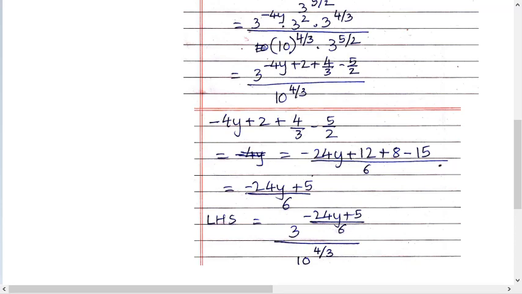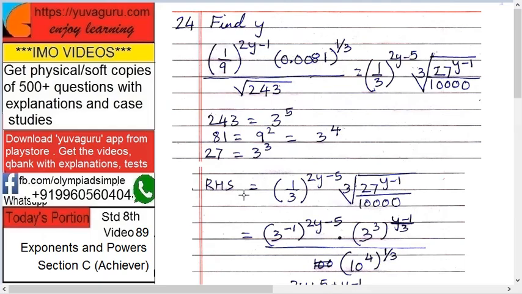Now we'll solve the right hand side. RHS is what? 1 by 3 raised to 2y minus 1 into cube root of 27 raised to y minus 1, upon 10,000. Okay, again the same logic. Bring everything to 3. So it becomes 3 raised to minus 1 raised to 2y minus 1, into this cube root becomes 1 by 3.